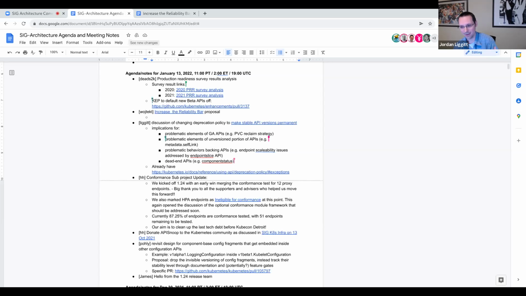We have the ability to work with SIGs and users and figure out ways to deal with things. But what I want to see is a shift in the default. The default currently says deprecate a stable thing and you can remove it in a year. I think the default should be once it's stable, people should not expect it to be removed.